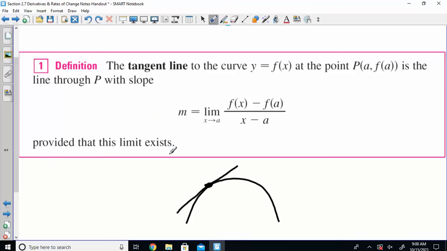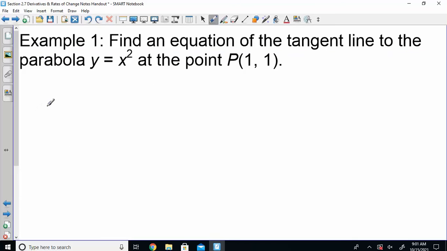When it started out, we said, well, let's take points close to it. If I took 2 points close, then I could find the slope of those. And then you can make 2 points closer and look at the slope of those. And we made those whole tables to try to guess the slope of that tangent line. Well, the slope of that tangent line is really giving us the derivative. So we have been approximating slopes of the tangent lines.